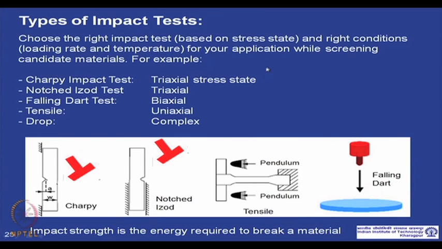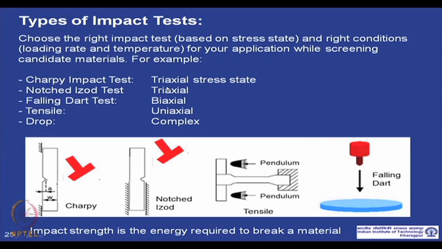There are different types of impact test available. If you have made a polymer and molded it and you want to test impact properties, then you need to know the target application. Depending on the target application, you choose the type of impact test to be done on that sample.